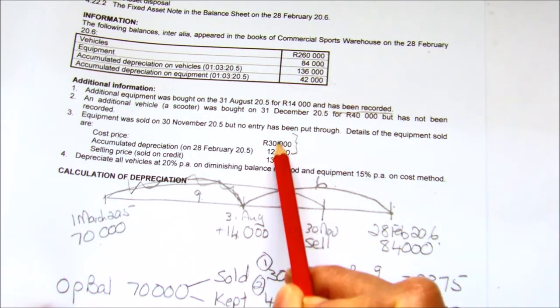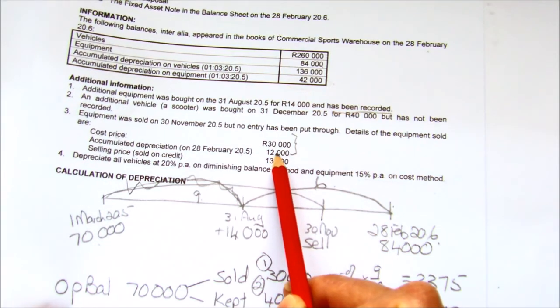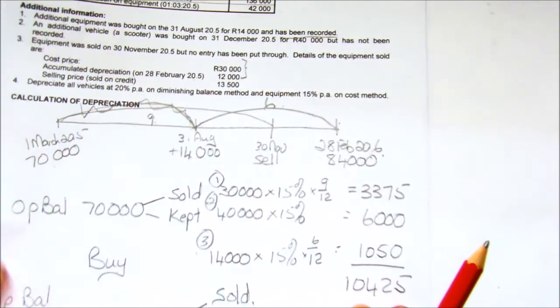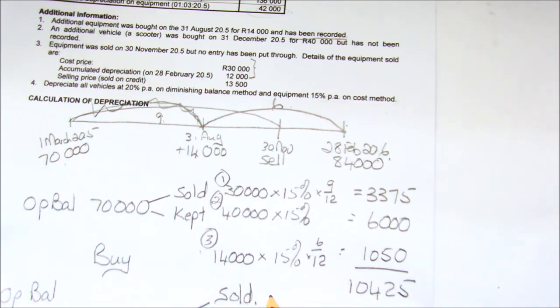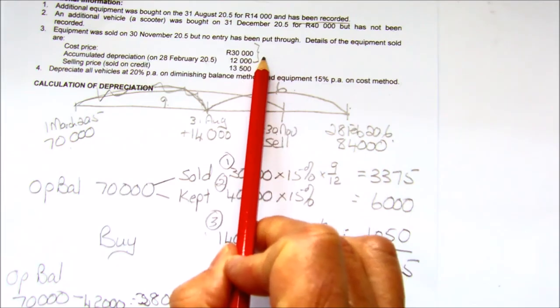So if you take that away from each other, that gives you an amount of 18,000. So the bit you sold was 18,000. That is the carrying value or the book value as it was at the beginning of the year.